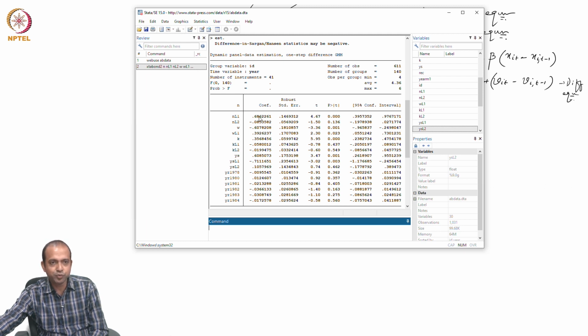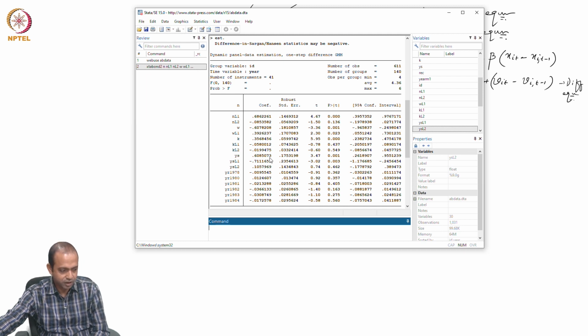It should lie between 0.73 and 1.04. So, difference GMM, considering only that factor, is not able to ensure my estimates lie within the interval.